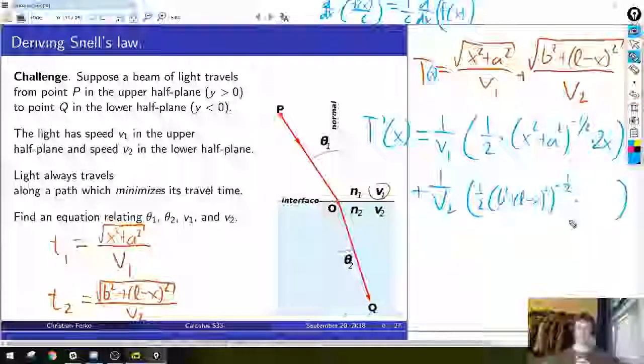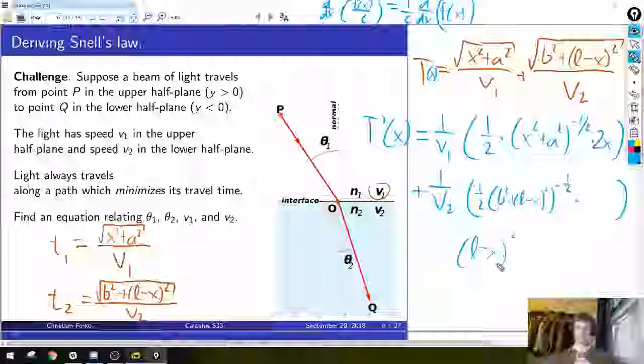What was it? Negative 2x. Negative 2, wait a sec. So L minus x squared. Let's see, I think we would have to chain rule that, right? So it would be twice L minus x times a minus 1 or something? Let me think.